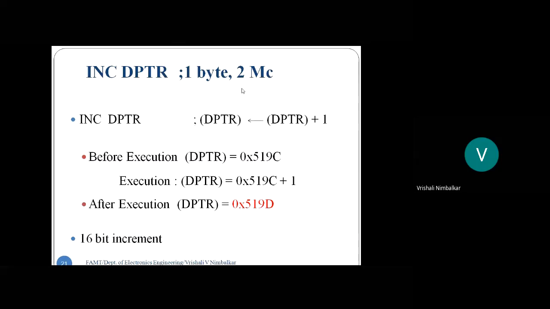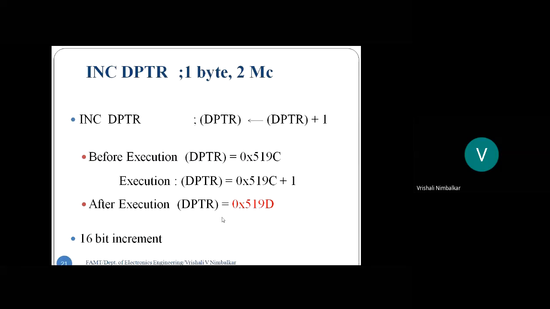Since the controller is 8-bit, it performs an 8-bit operation at a time, so it needs 2 machine cycles. The number in DPTR is incremented by 1 and stored back in DPTR. Before execution, let us assume DPTR had the address 519C hex; 519C plus 1 becomes 519D. So in DPTR, you will find 519D.